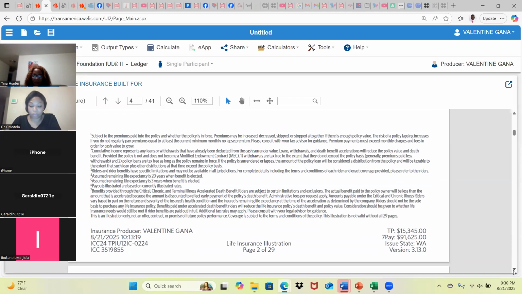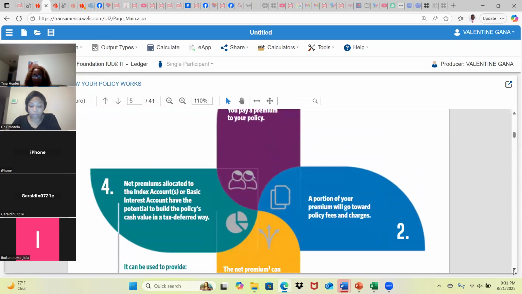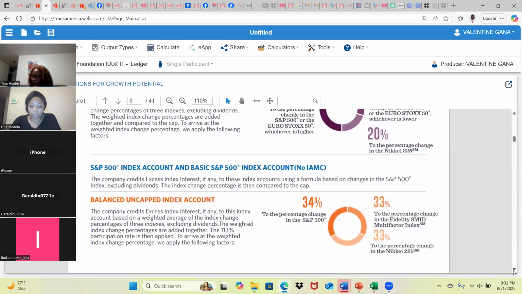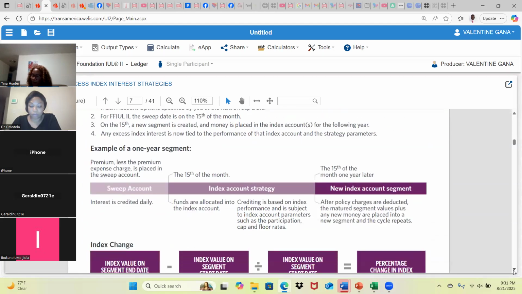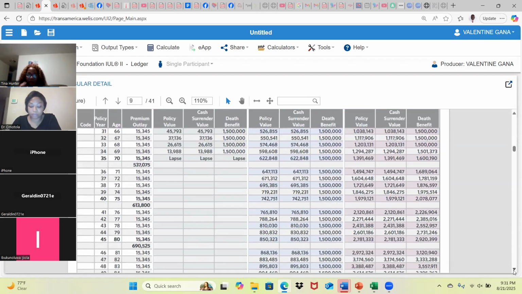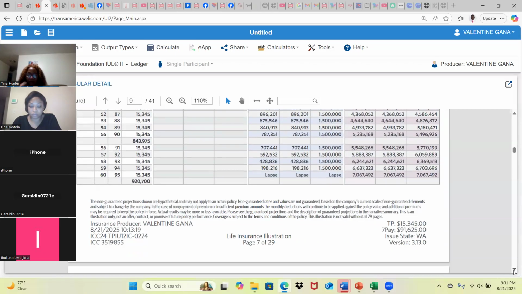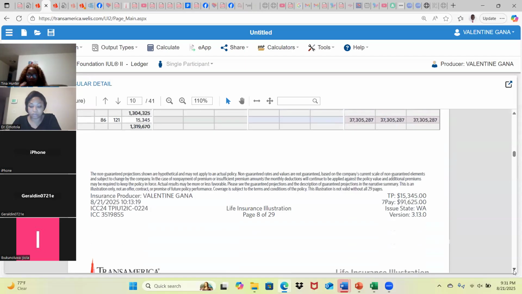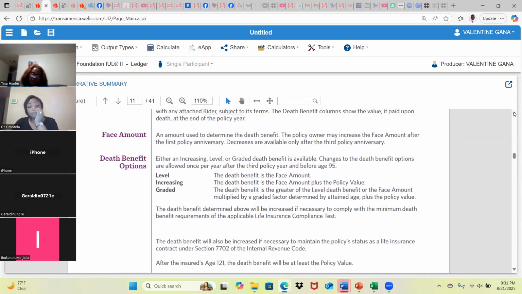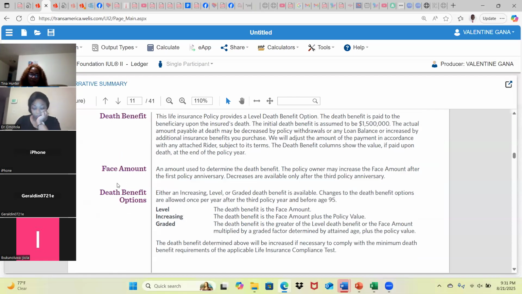What graded is, because we're choosing graded here as an option. So global index account, where your money is being put. So this is part of your application. And when the client signs this, the client is acknowledging the application. Now you can see here, death benefit option, where this was run for level. So you can see level death benefit is explained here.